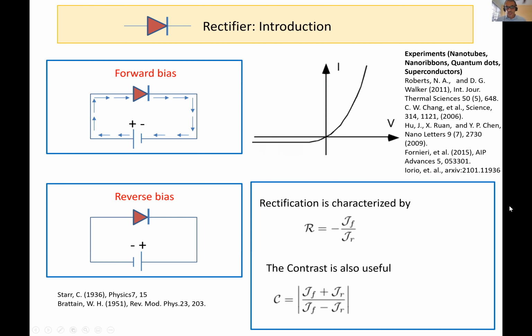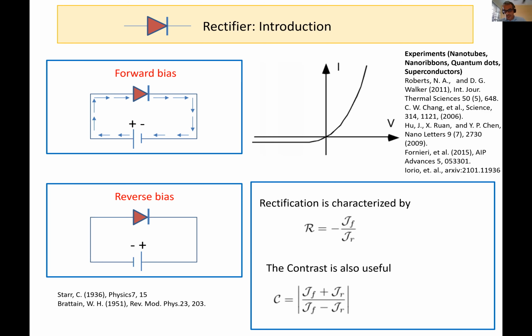Okay, so how do you characterize when a rectifier is good? Well, we have different figures of merit. One is rectification, which here I define as the ratio of the forward versus reverse current with a minus sign, because the current will be in the opposite direction. Or we can look at the contrast, which is the ratio between the sum of the currents divided by the difference of the currents.